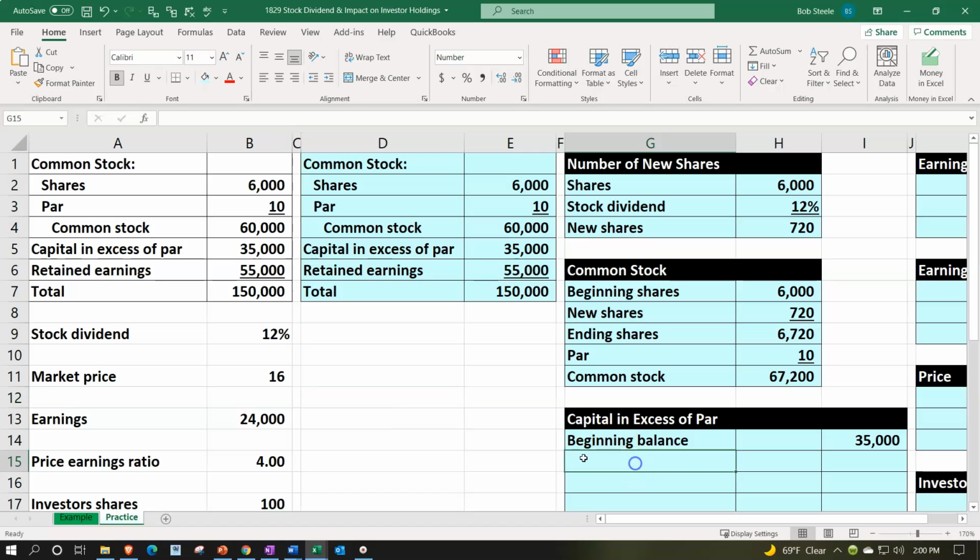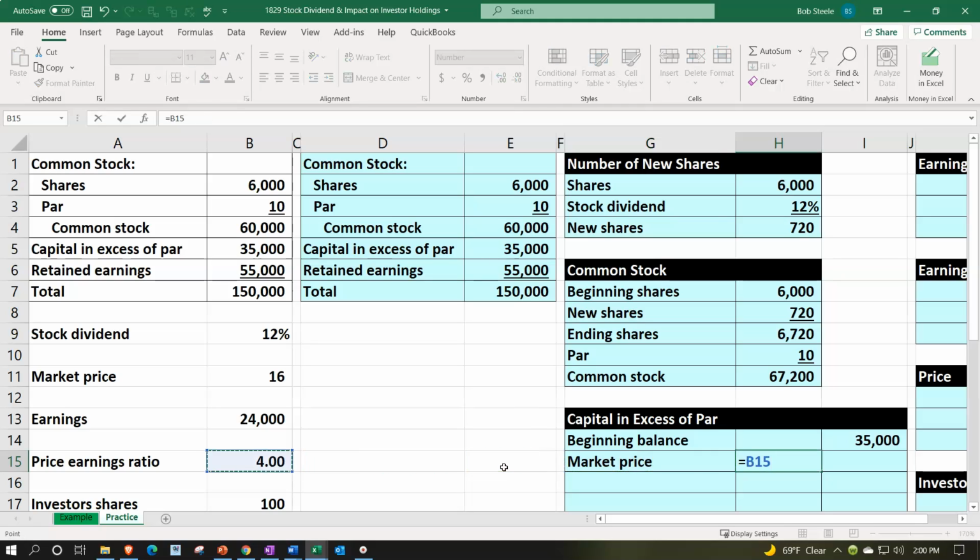And then we had market price of the $16. Now, 10 of that 16 has been taken care of through the adjustment in the par value here that we did up top. Therefore, we're going to take the difference between the two, 16 minus the par value of $10.